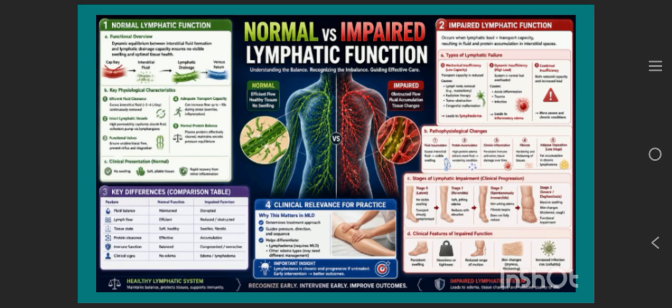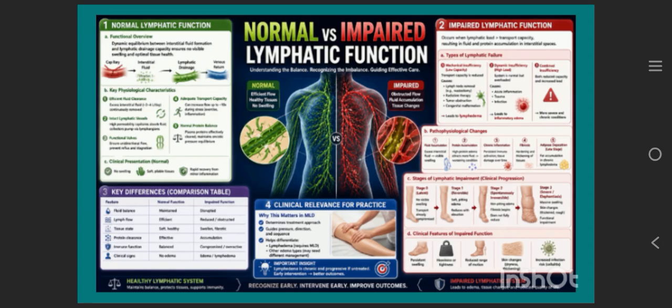Next we discuss pathophysiological changes. First is fluid accumulation. Here, excess interstitial fluid causes visible swelling. The second change is protein accumulation.